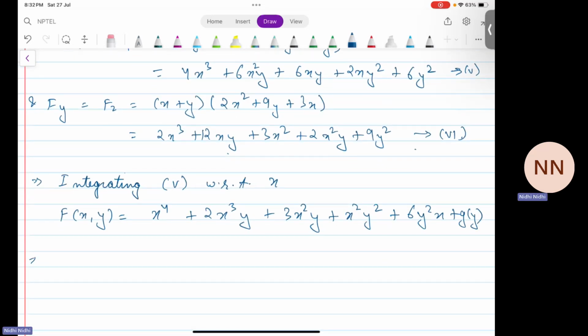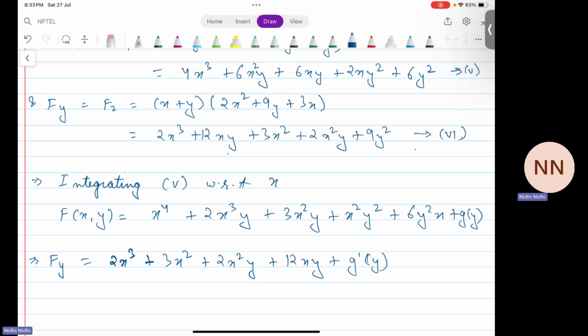This gives us that the partial derivative of f with respect to y is equal to 2x cube plus 3x square plus 2x square y plus 12xy plus g dash y.